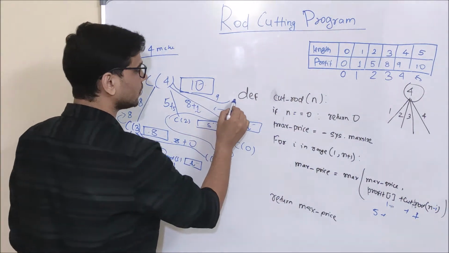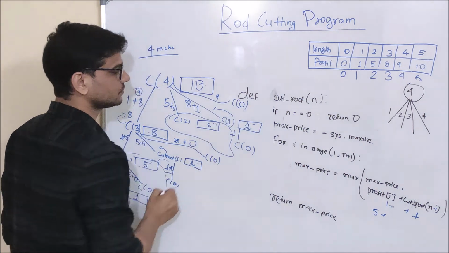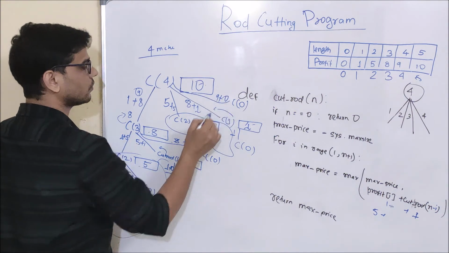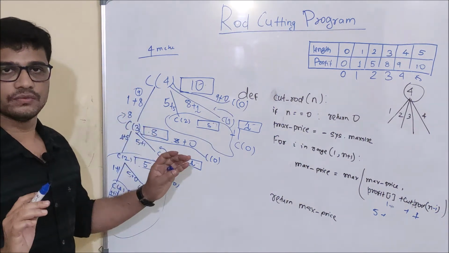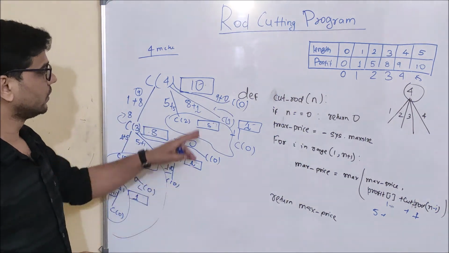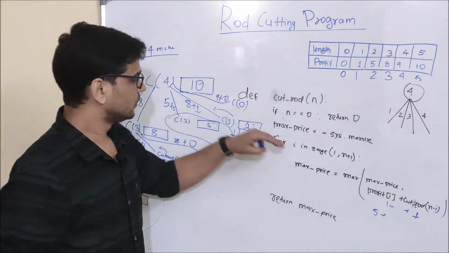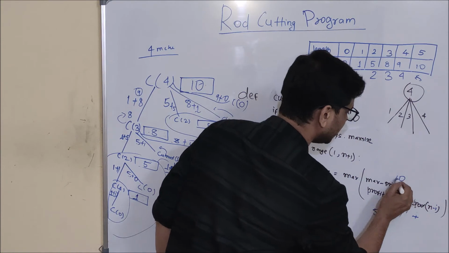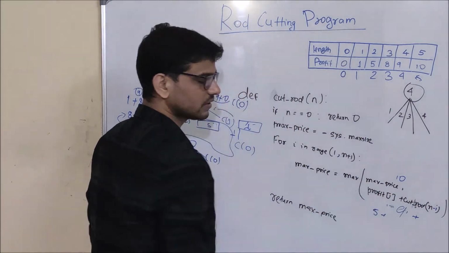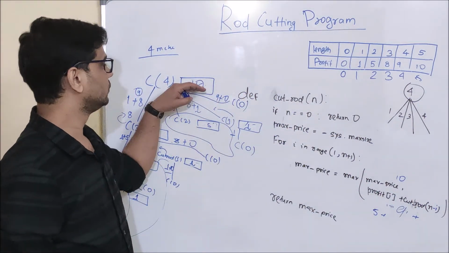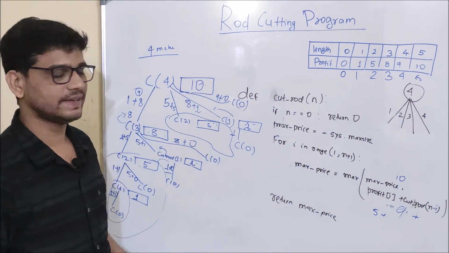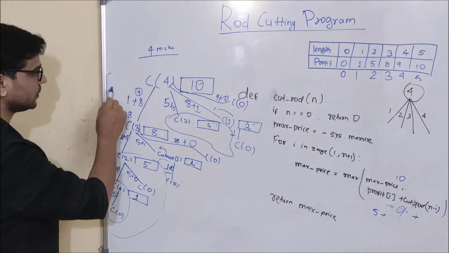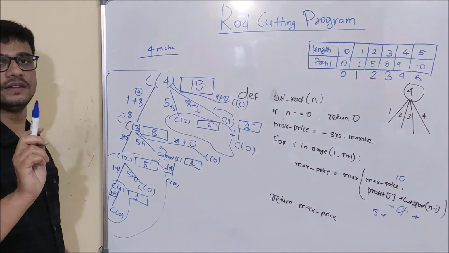And I will make a call to cut rod of 0, and when cut rod of 0 is called, 0 will be returned from here. So for cut rod of 4 and i equal to 4, this particular thing will be 9, max price will be 10 and the maximum of this is 10. So this particular thing will not be updated. So this is how this code is going to execute for n equal to 4.